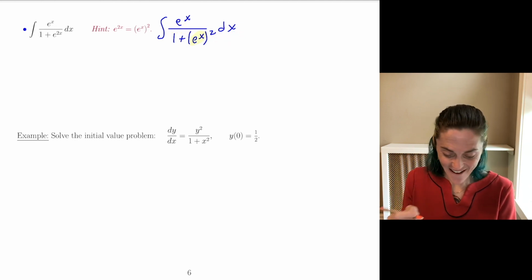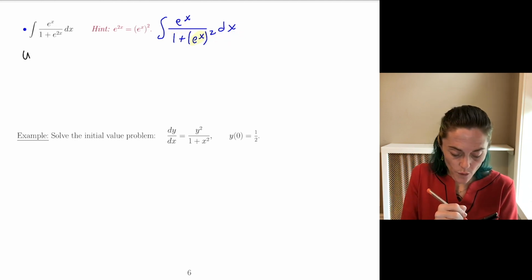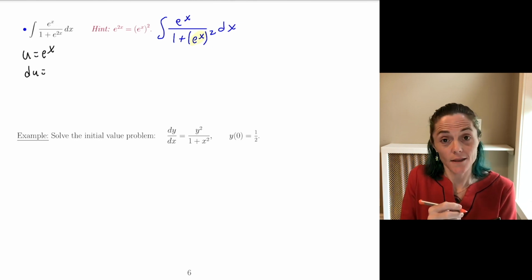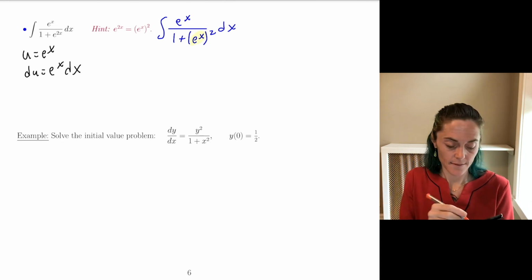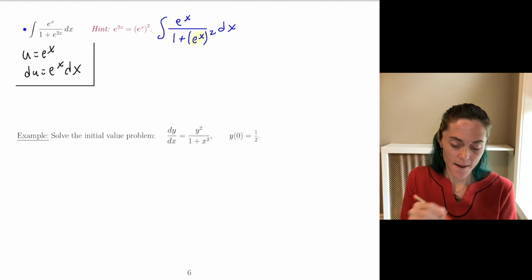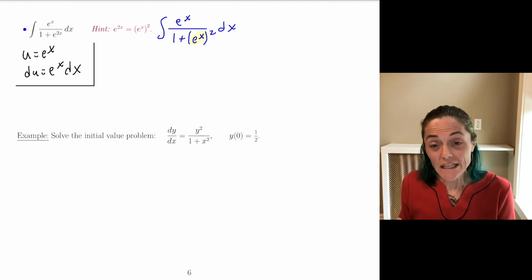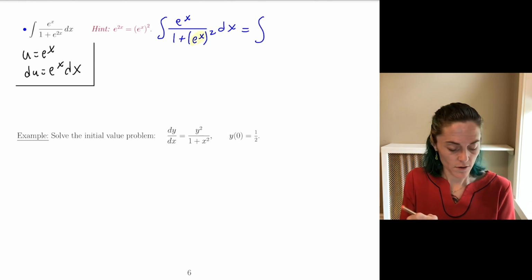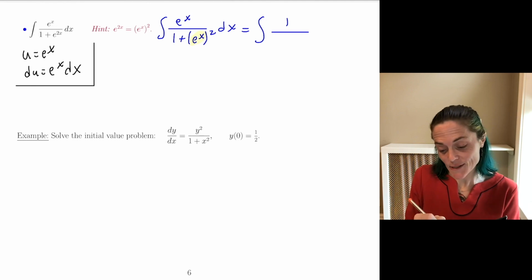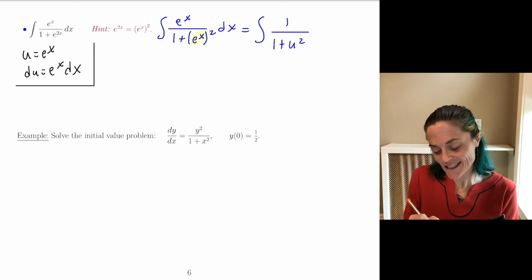Substitution. Here we go. Okay, u is e to the x. Du, we take the derivative. We have e to the x dx. Put this in a box. My integral of u is as follows. We have an integral. We have 1 over 1 plus u squared du.